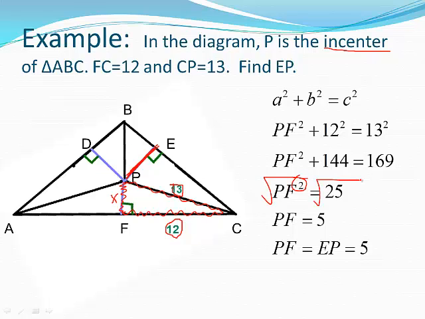And now, usually attached to square root, or always attached to square root, is plus or minus. The reason we only include the plus here is because it's a distance. You never have a negative distance, so you always say that it's going to be plus when using the Pythagorean theorem and finding lengths. So, again, if we know that PF and EP are the same because it's the in-center, that means we can say that EP is 5.